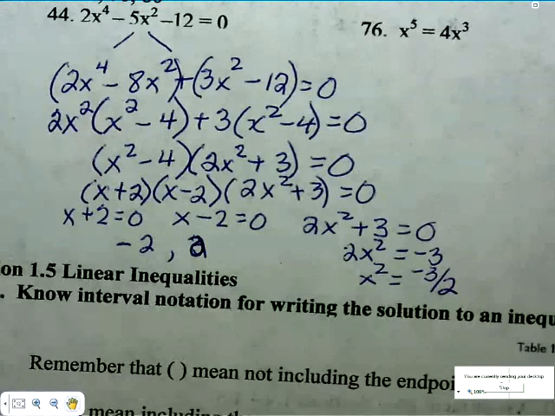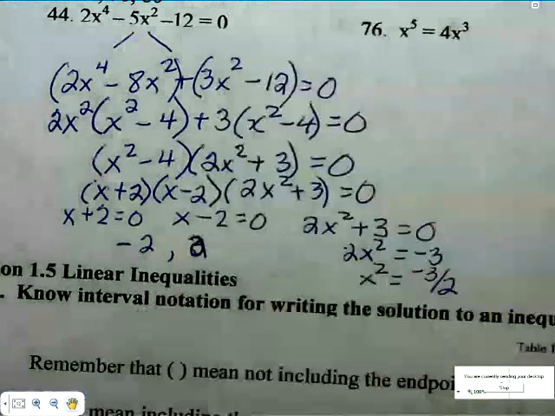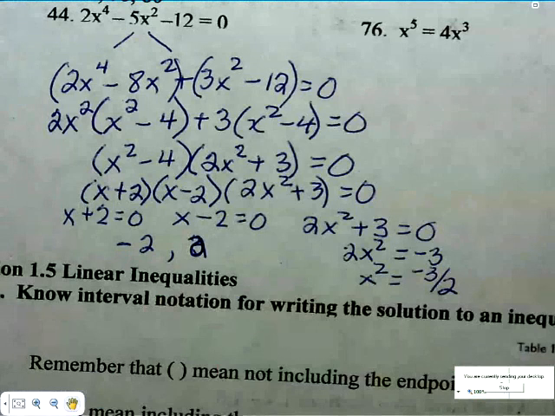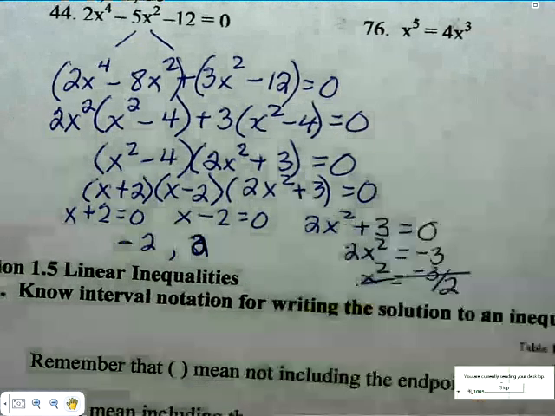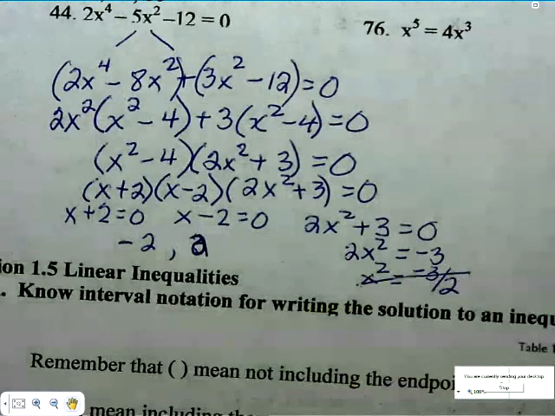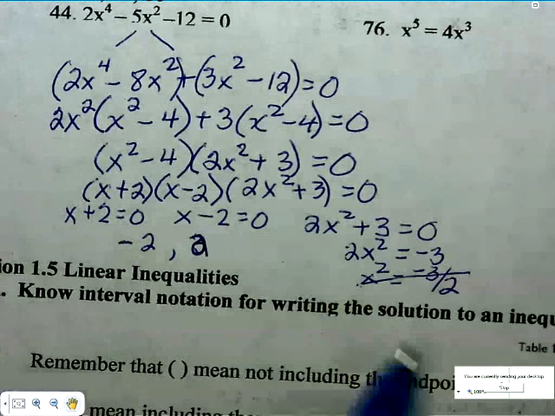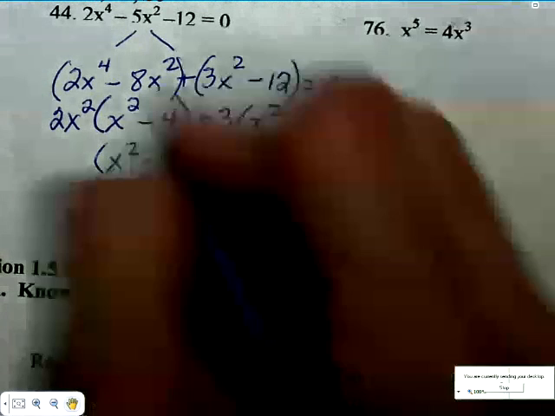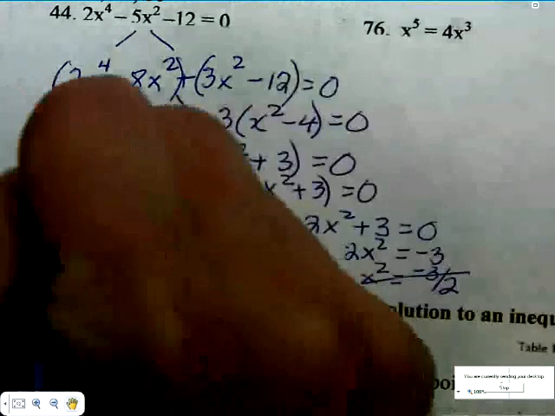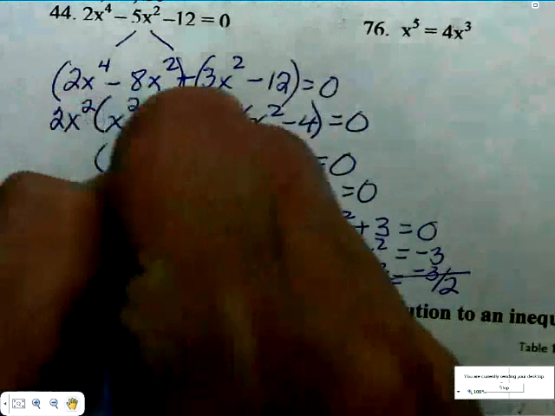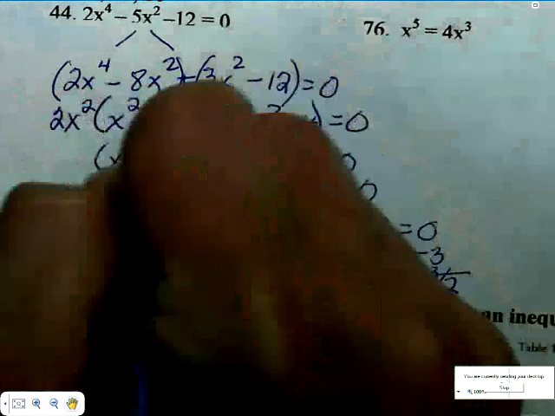I didn't type the directions here, but in the book and in my math lab, you'll see the directions just say find the real solutions. If the directions say find the real solutions, then I don't care about the imaginary solutions. All right? Plus or minus i square root of 3/2 are two solutions, but they're not real solutions. The only two real solutions are the -2 and +2.